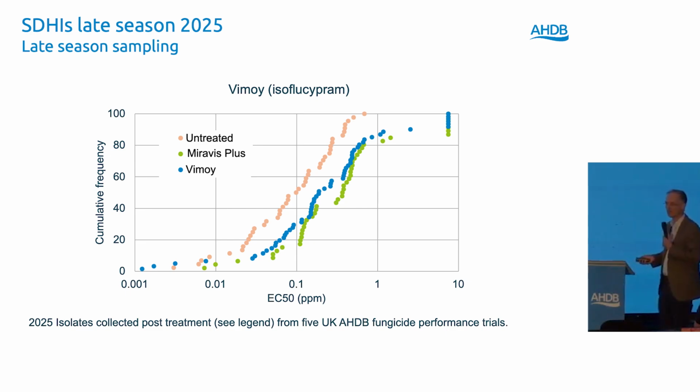Now, we haven't seen a change in field performance, but this is where we've applied SDHIs on their own, which isn't something farmers or agronomists will be advising or doing in the field. But it is a bit of a warning shot, I think, that we can select for insensitivity to SDHIs. It can occur.